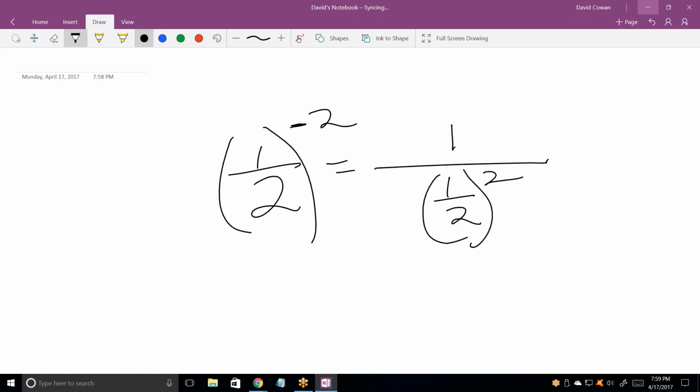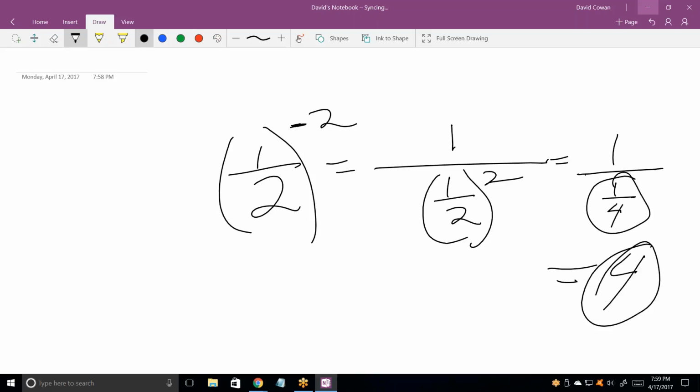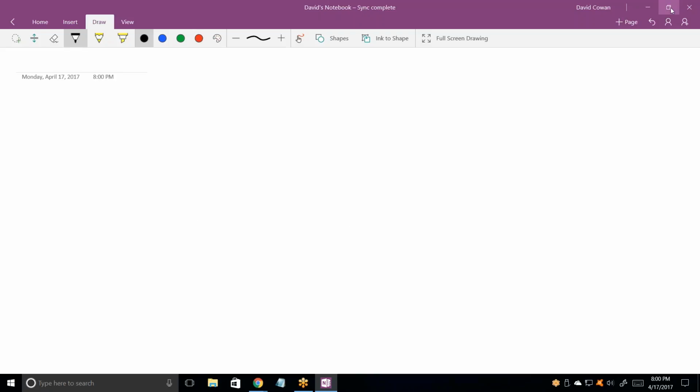Now, what's 1/2 squared equal to? 1/4. In other words, 1/2 times 1/2 is 1/4. And now 1 divided by 1/4, I flip the bottom and multiply, and I get 4. So 1/2 to the minus 2 is actually equal to 4. That's all you do with negative exponents, is put a 1 over the number to the positive exponent. It's that straightforward, always.